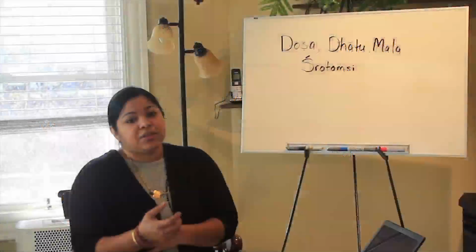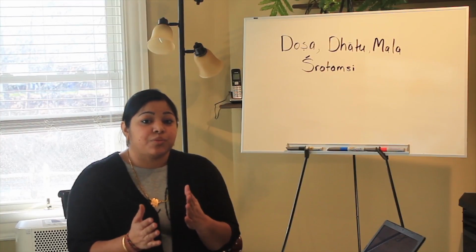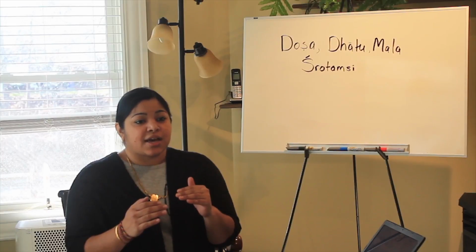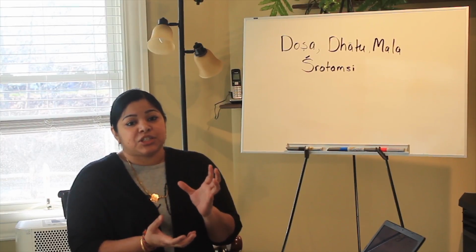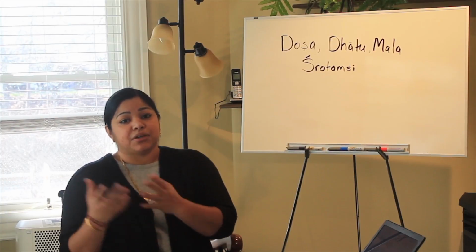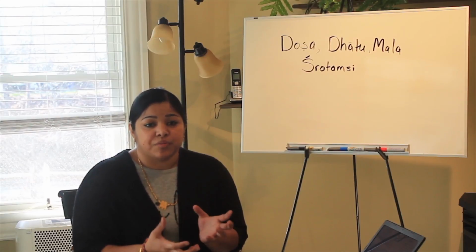So when we start going into pathologies and the variations where the doshas are out of balance, what we're going to notice is that there is much more variation when it comes to the Vata dosha compared to the Pitta dosha and compared to the Kapha dosha. Because Vata requires a lot of movement.